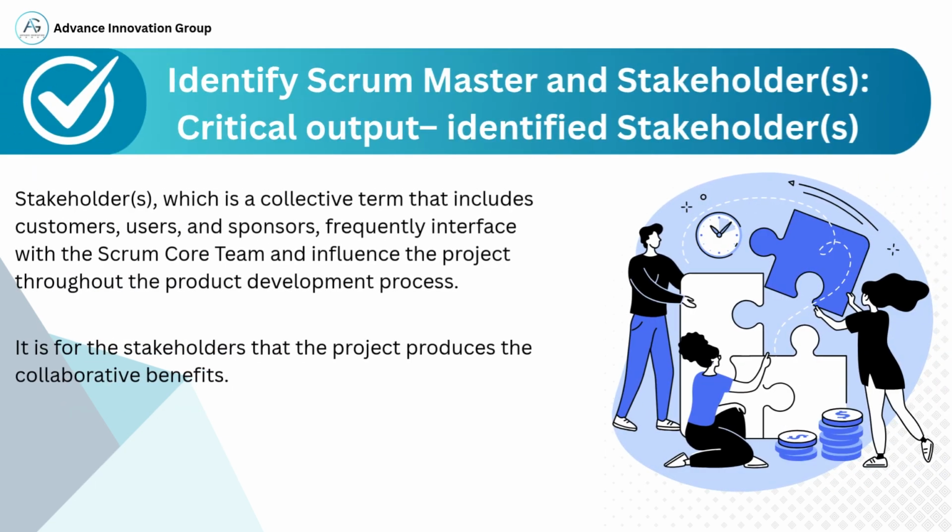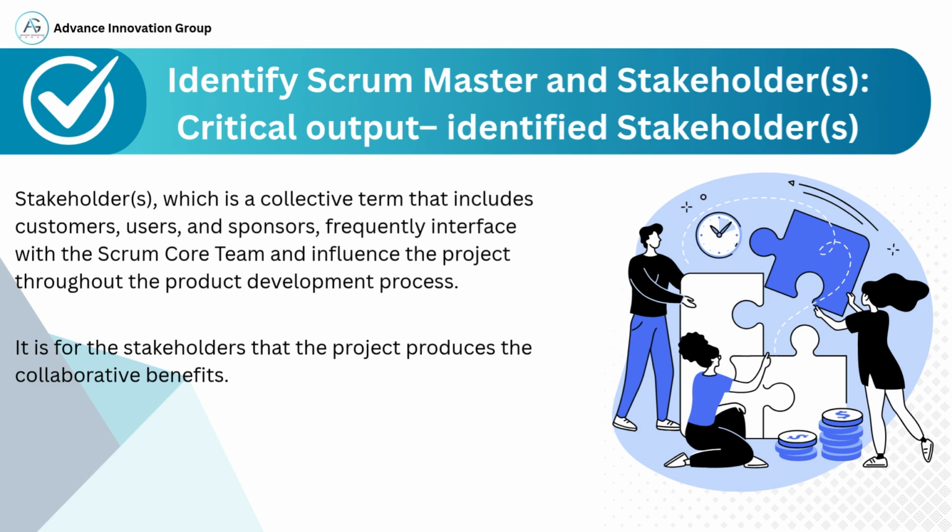Let's now talk about the identified stakeholders, which is another critical output of this step. The term stakeholders includes a wide group. It can refer to customers, end users, sponsors, and any other individuals or groups who are directly or indirectly impacted by the project. These stakeholders interact with the Scrum core team at various points during the project lifecycle.